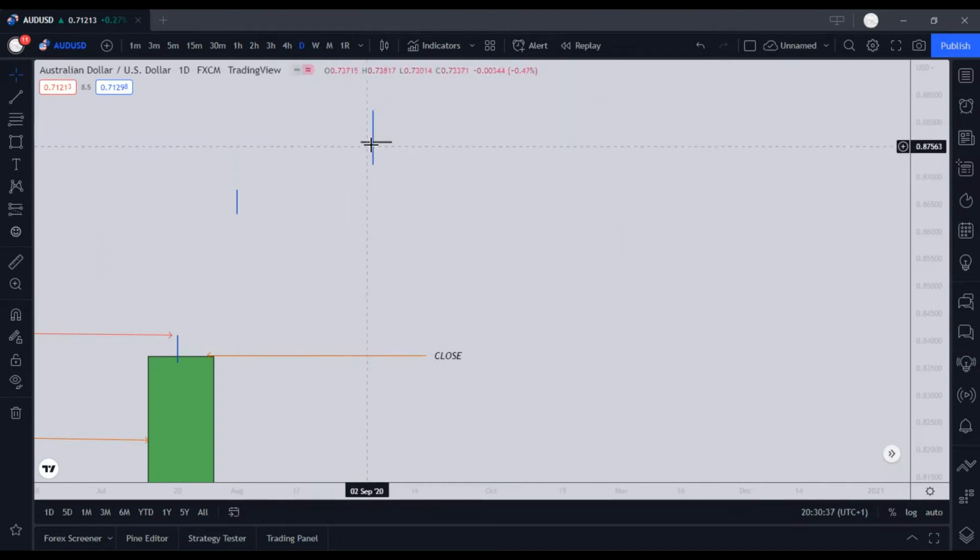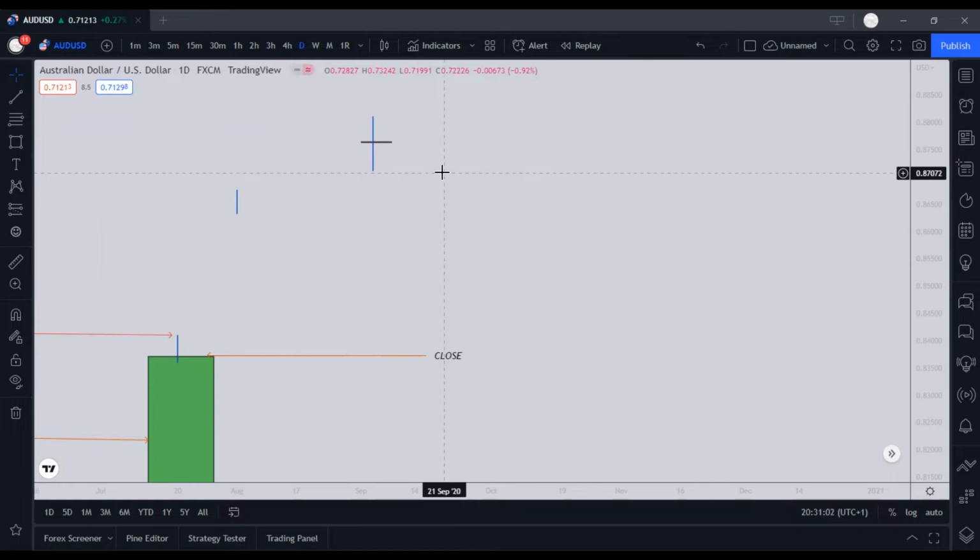So buyers and sellers, no one was in control. No one was able to win the battle. It opened here and then it closed at the same place. That means it represents what? Indecision. No one won that particular day.